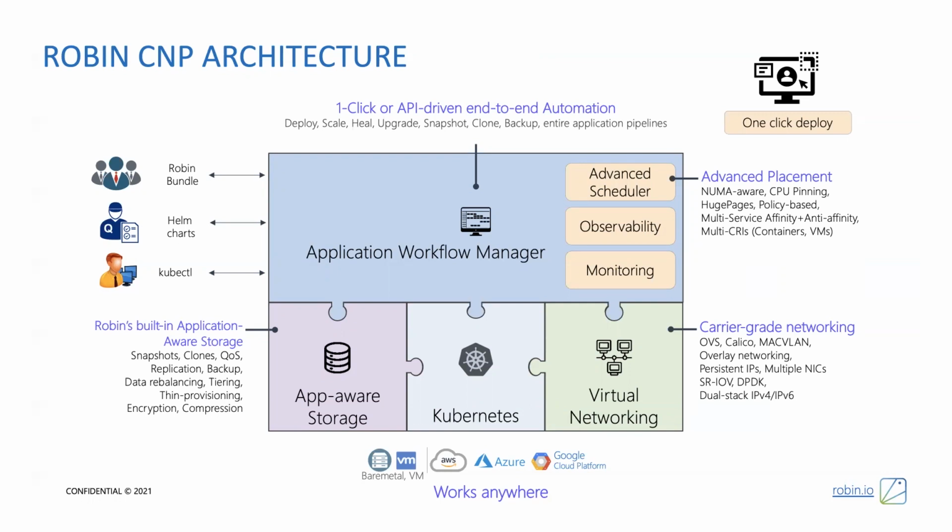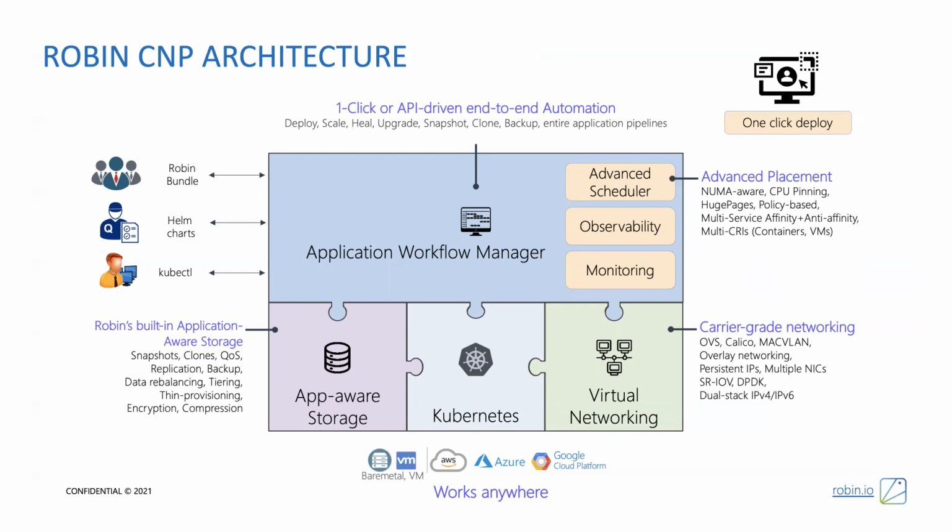First of all, on top of the open source vanilla Kubernetes, we introduced carrier-grade networking. When I say carrier-grade networking, it includes all the open source CNIs that are handpicked and required for operators to run their vendor applications.